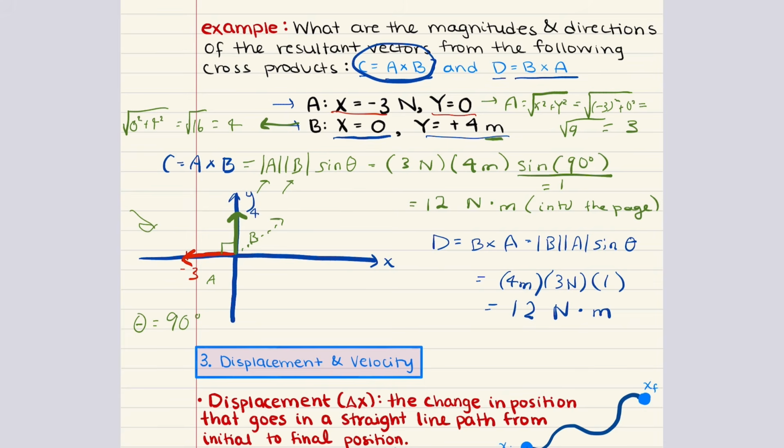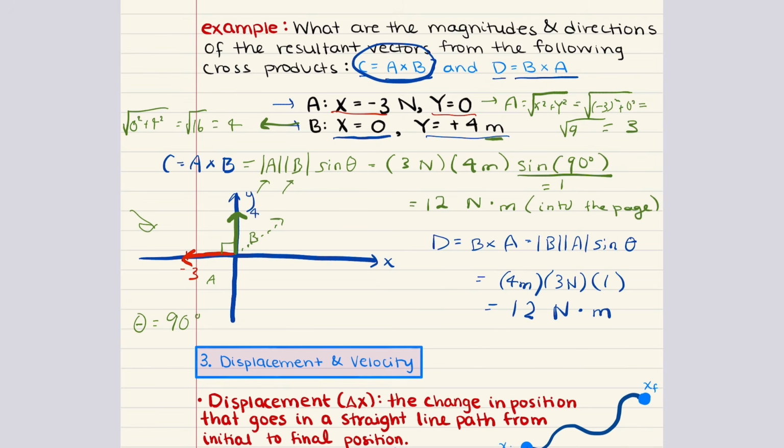The difference here is going to be the direction. Now what we want to do is point our thumb in the direction of vector B. So our thumb is going to point upwards. And then the rest of our fingers are going to point in the direction of vector A to the left. And what you notice now is that your palm is facing upwards, out of the page. All right?